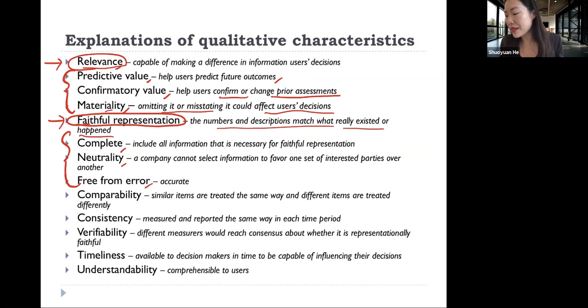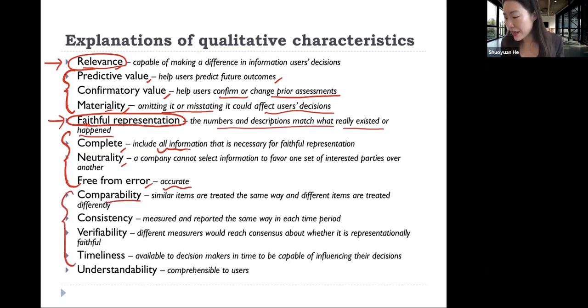With regard to complete, it means it should include all of the information that is needed. Neutrality means that it should not be biased toward one interest group versus the other. Free from error means it should be accurate. And then we have 4 additional ones.